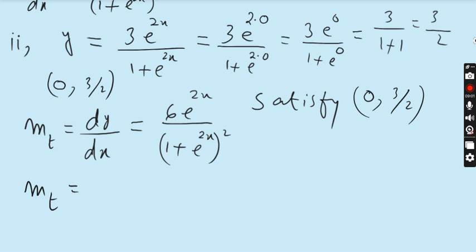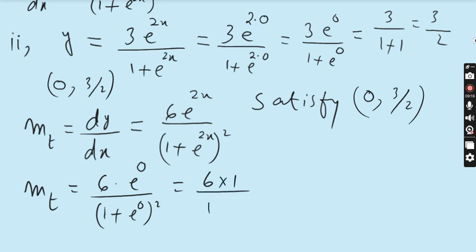There is no y in the answer, so just put 6 e power 2 into 0 upon (1 plus e power 2 into 0) whole square. 6 multiplied by 1, (1 plus 1) whole square, 6 ones are 6, 1 plus 1 is 2, 2 square is 4, 6 upon 4 is 3 upon 2.